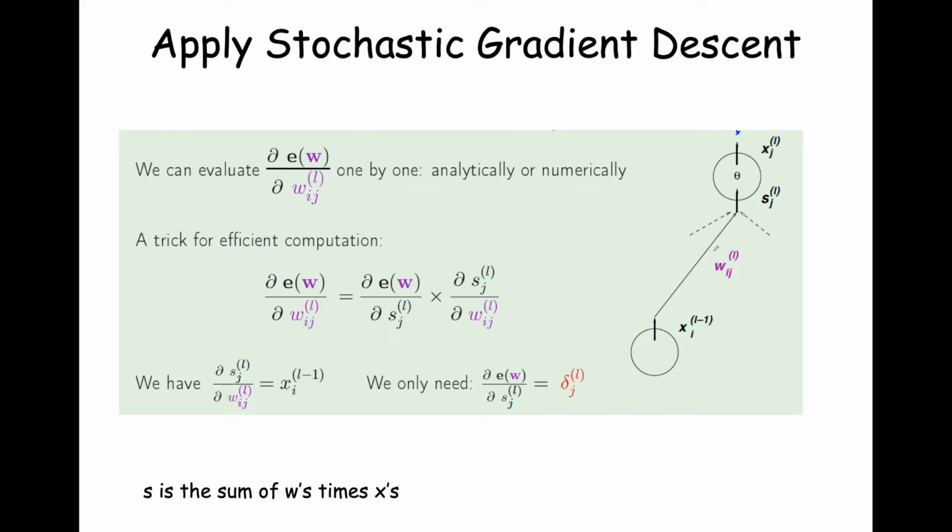If the variable of differentiation is w, that's just a constant times w to the 1 power. That's just our x_i superscript L-1, the input from the ith node in layer L-1. So that's the rate of change of the score with respect to w. It's that constant. All right, so we have those two terms.